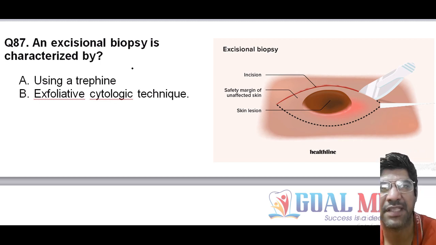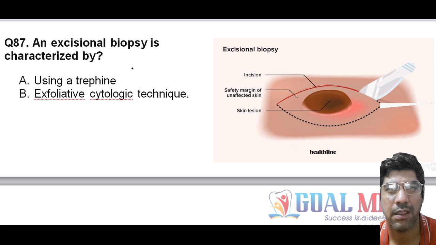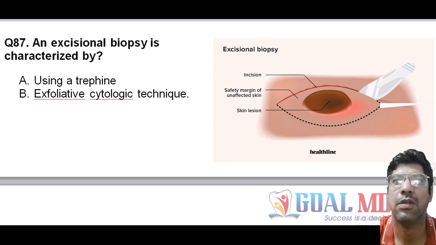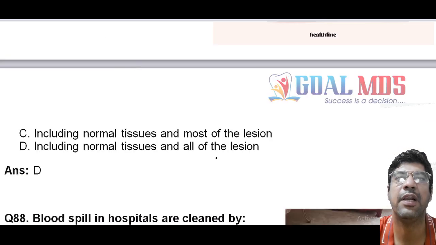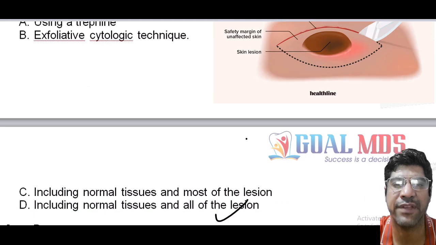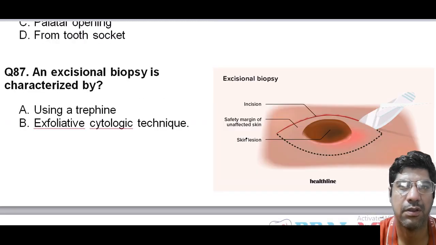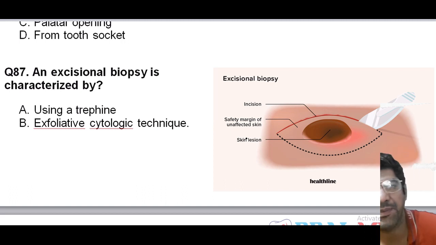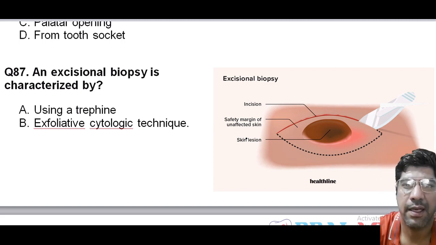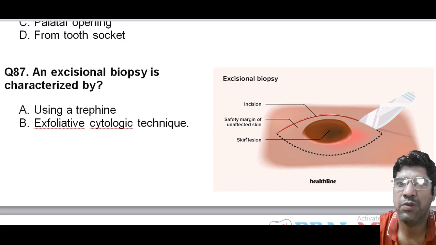Excisional biopsy is characterized by, so the answer is D, including normal tissue and all of the lesion. Excisional biopsy is characterized by removal of the entire lesion, and it includes the margin of normal tissue surrounding the lesion that will ensure complete removal.